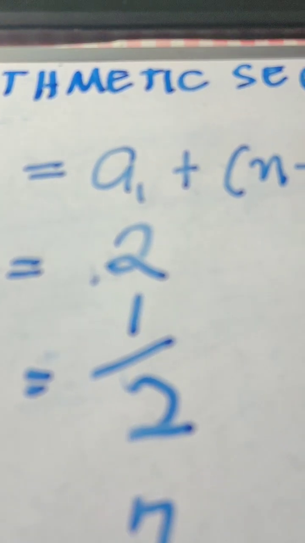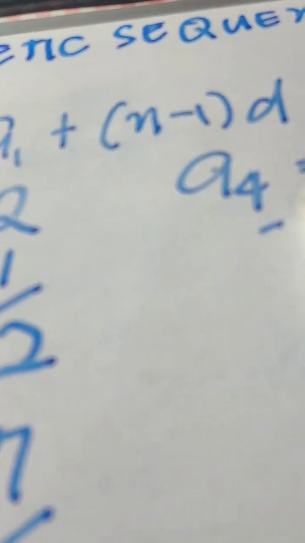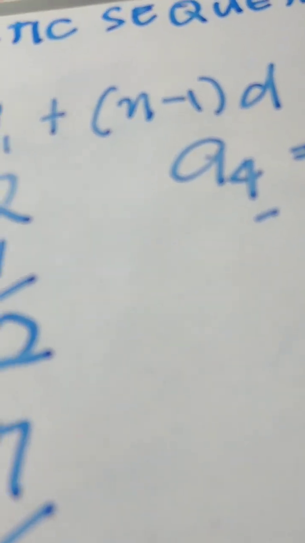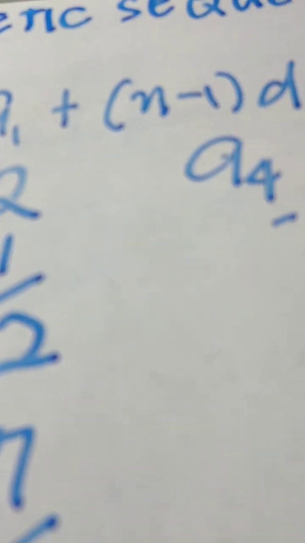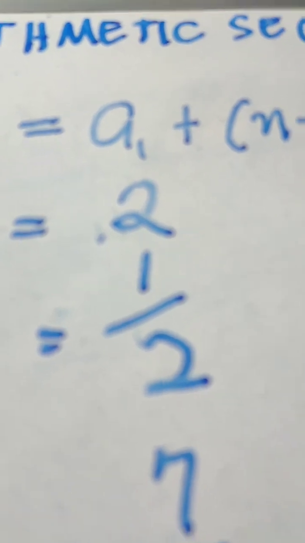Then, we'll proceed to the next. I'm erasing here the solution for a sub 4. We'll proceed now to a sub 5. We'll erase 4 and write 5 instead. So, immediately, we have 5 now.